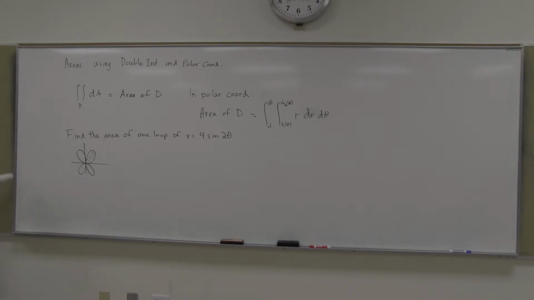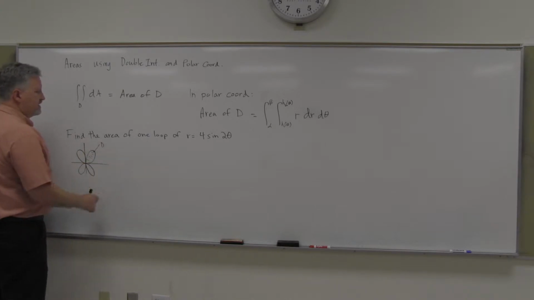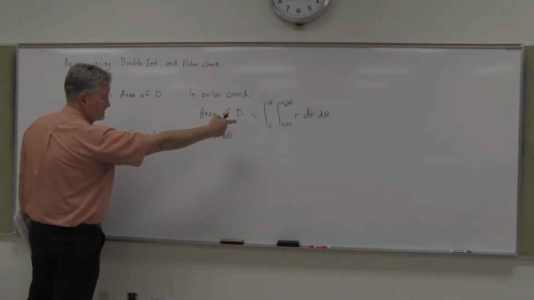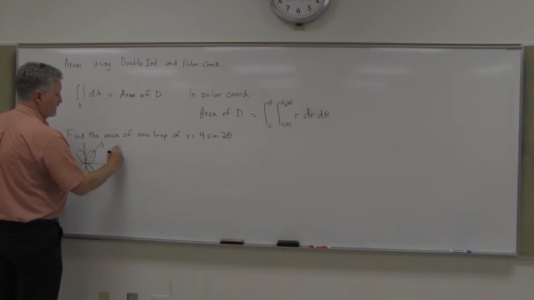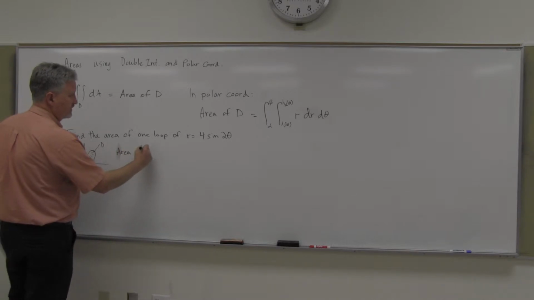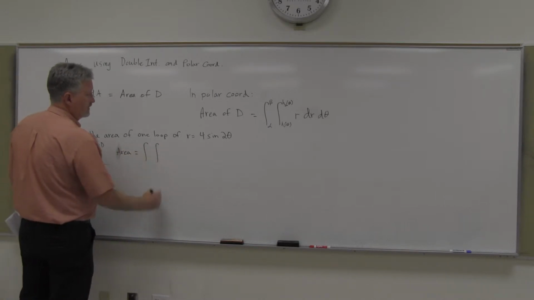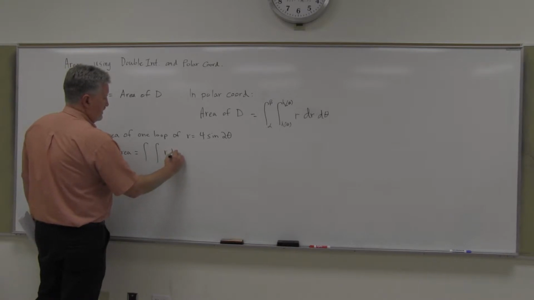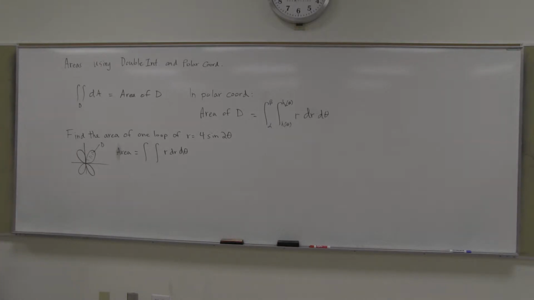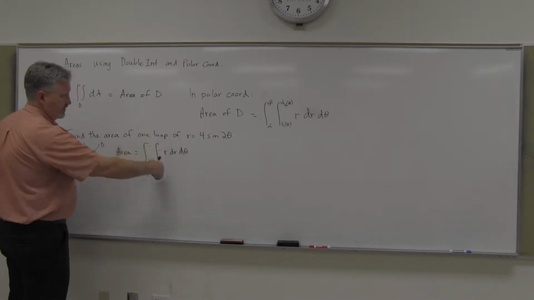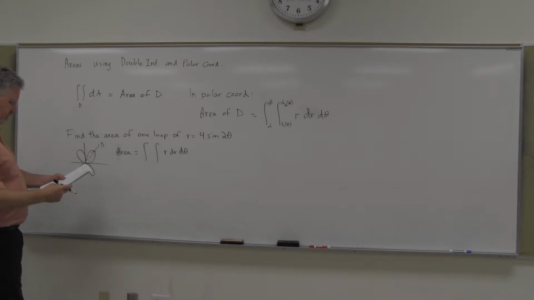And so the point we're making here is that we call that area D. Area D we can do by this formula, this double integral of r dr d theta. In this case your function will just be r there, but we just have to figure out our upper and lower limits.